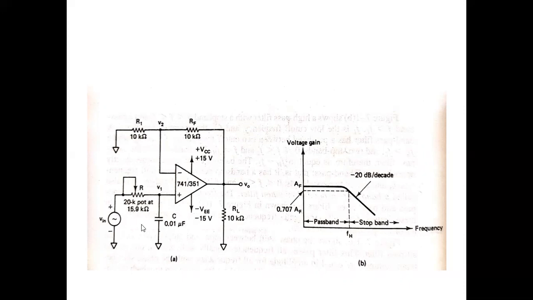We have got it as 15.9 kilo ohm, with an adjustable tunable potentiometer of 20 kilo ohm. We have assumed the value of C as 0.01 microfarad, and the value of RL becomes 10 kilo ohm.